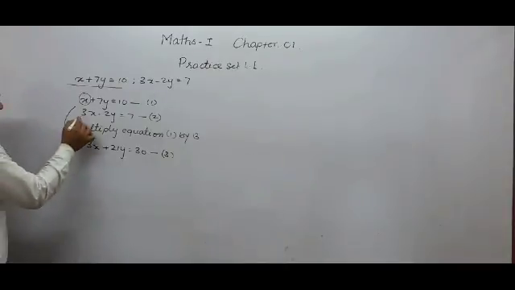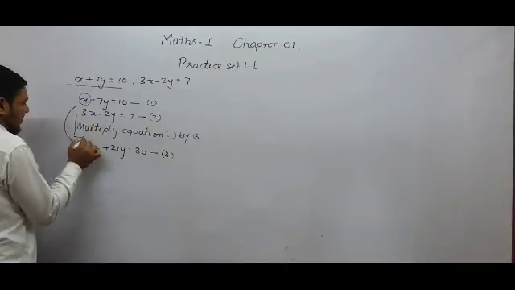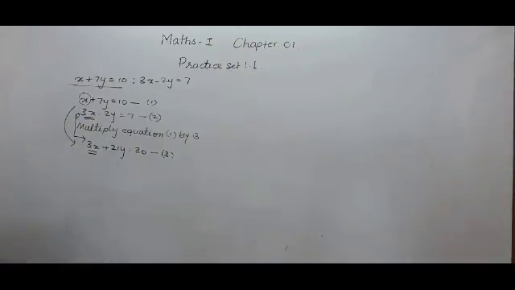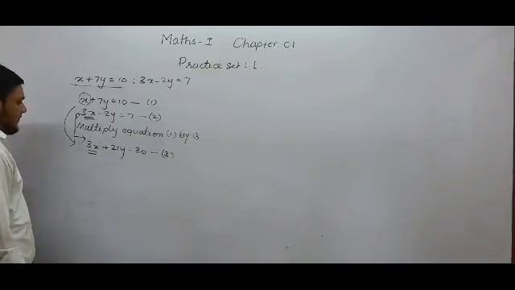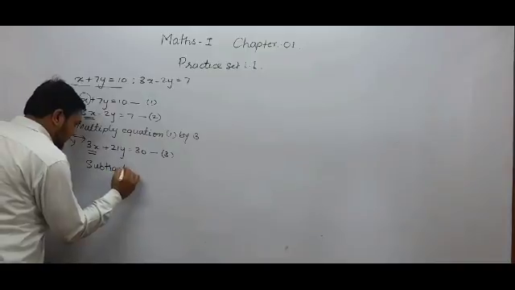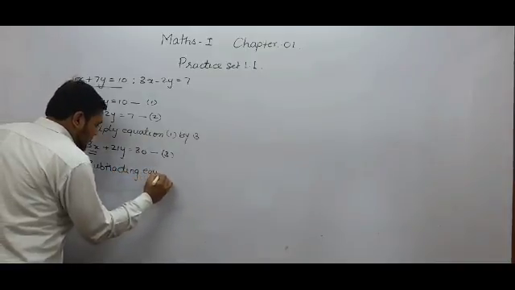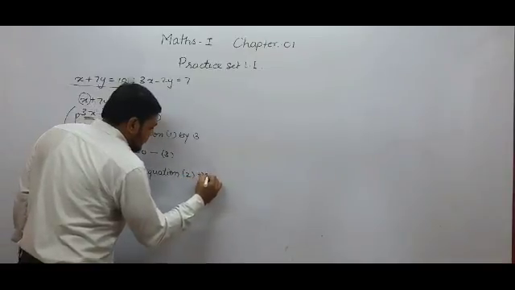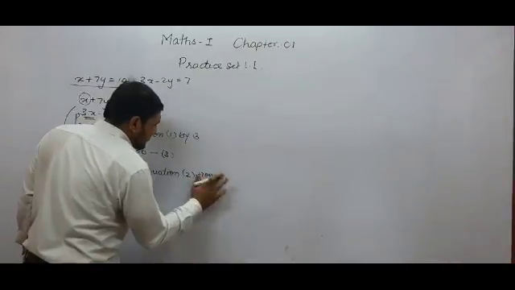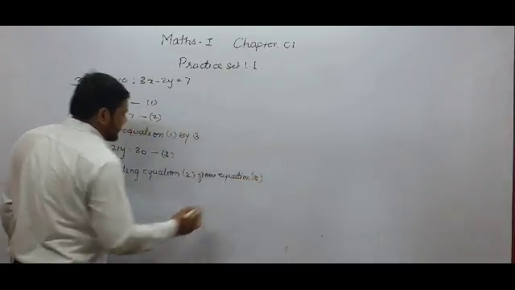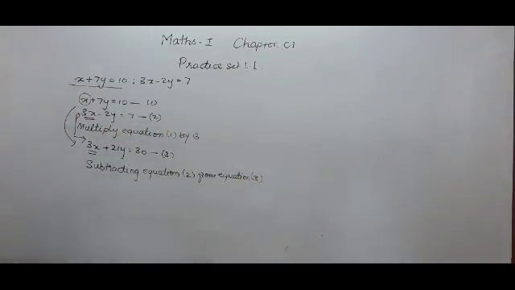So if you notice equation 2 and 3, here it is 3x and here also it is 3x. So by subtraction this term can be eliminated and we will get the value of y. So subtracting equation 2 from equation 3.